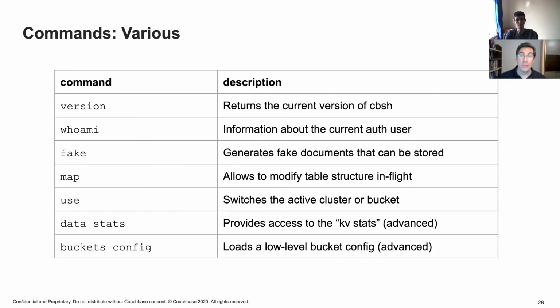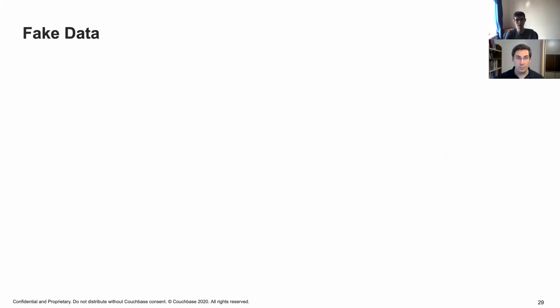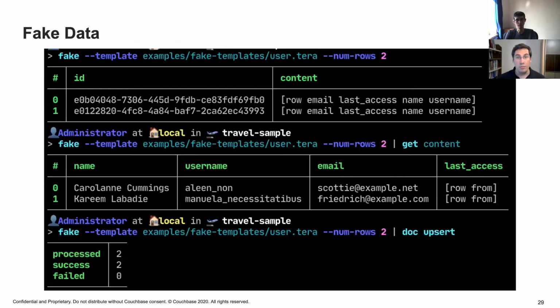Those commands are really useful if you have in-depth knowledge of Couchbase, for our power users, and you want to get to very specific statistics or bucket configuration properties that you want to look at.